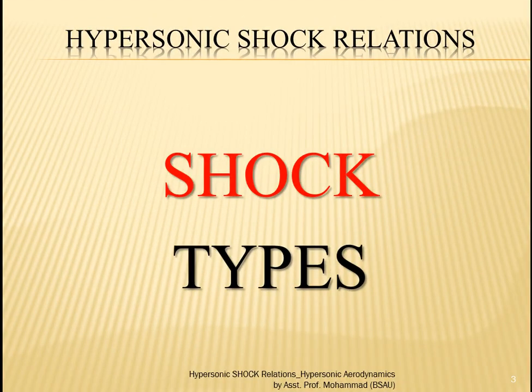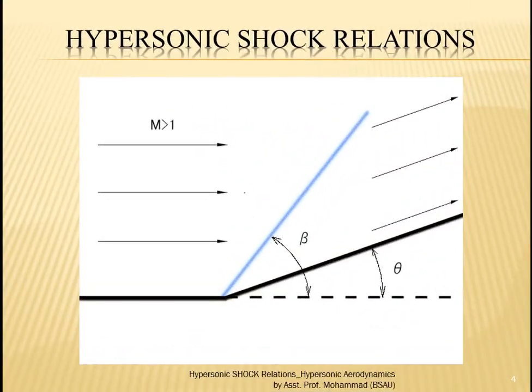Now, shock types. Before we actually get into the shock relations, let us just see the shock types. One type is an oblique shock, generated in the flow when the flow has to change its direction. An oblique shock is basically generated when a supersonic flow turns into itself.